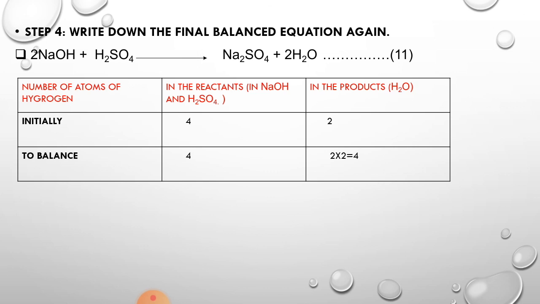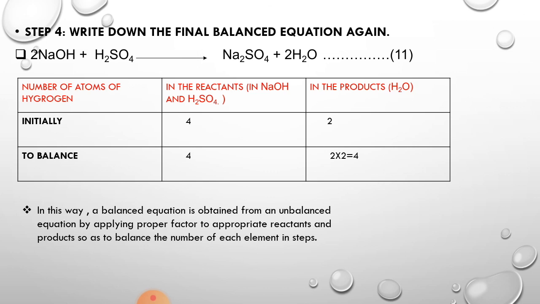So 2 into 2 will give 4. So the reaction is balanced. In this way, a balanced equation is obtained from an unbalanced equation by applying a proper factor to appropriate reactants and products, so as to balance the number of atoms of each element in the steps.